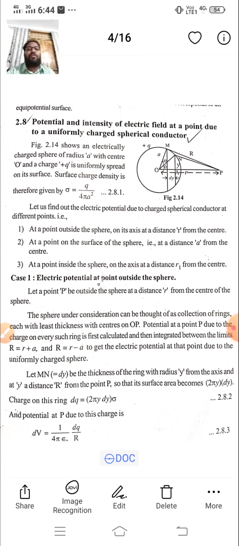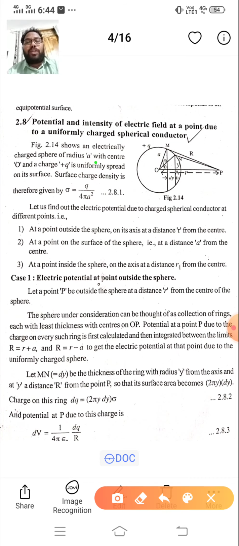Let us consider the diagram, with an electrically charged sphere of radius A with center O and charge plus Q uniformly spread over the surface. The surface charge density is sigma equals Q by the area of the spherical conductor, that is 4 pi A square. Let us find the electric potential in three cases.